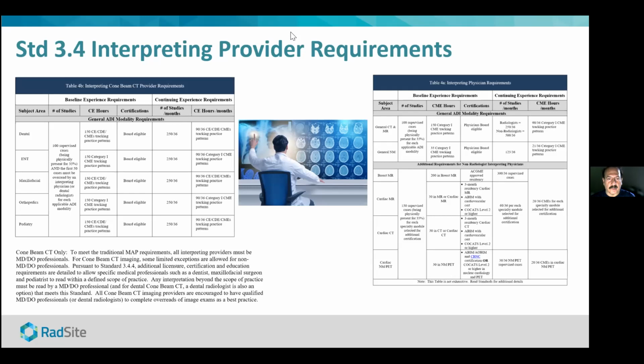And also 36 of those hours more specific to things related to cone beam, including radiation safety and other practices as well. So those are the overall requirements that are broken down into baseline experience requirements to get started, and then continuing experience, where we're looking at numbers of studies read over 3 years, and also number of continuing education hours.